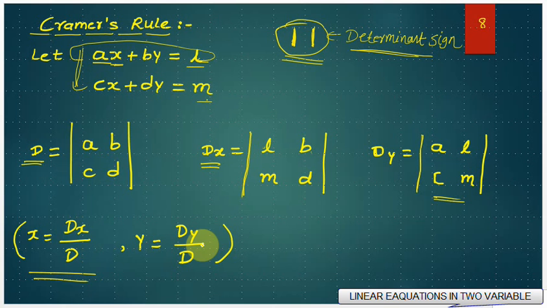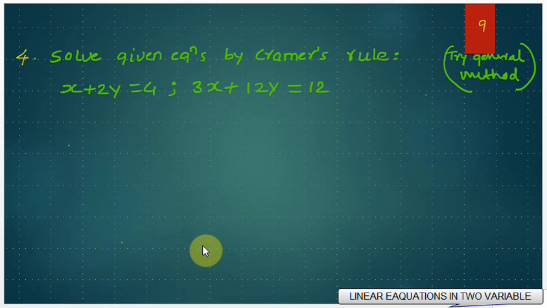Now how to solve simultaneous equations by Cramer's rule? Take one example. Solve the given equations by Cramer's rule: x + 2y = 4 and 3x + 12y = 12. First write the determinant D. In the two parallel lines we have to take the coefficients of x and y.